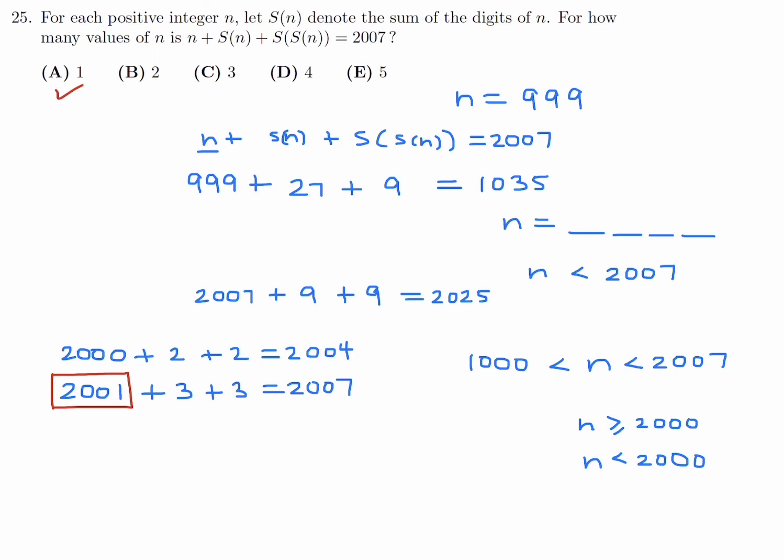We've probably got 3 minutes. So we want to see if this trend is going to continue. 2002 plus 4 plus 4. Not way over, but it's actually 2010. So for this case, we are done. We don't need to look at any more values.